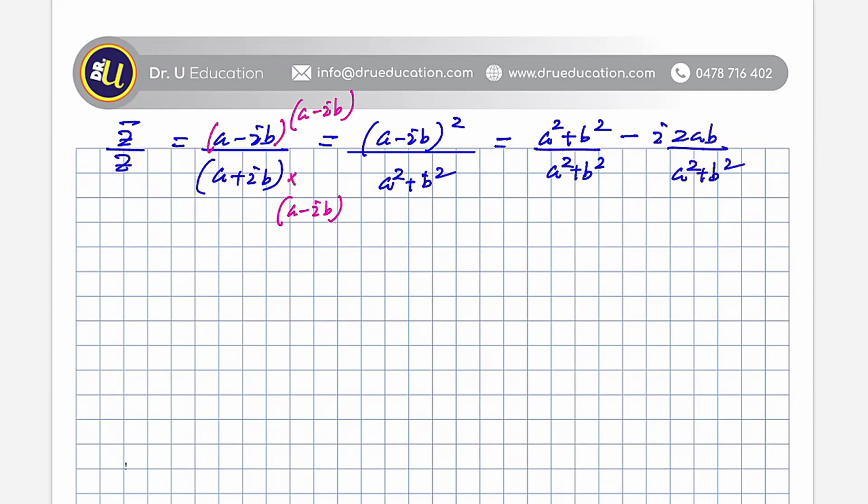Check. So i squared minus minus positive. Yeah. Correct me? So finally, 1 minus. Check that one for me. All good? Yeah.